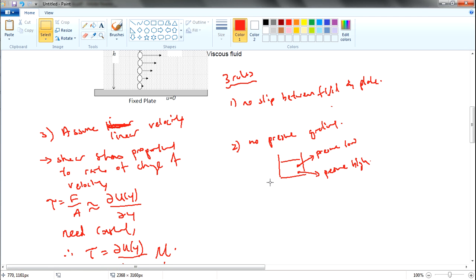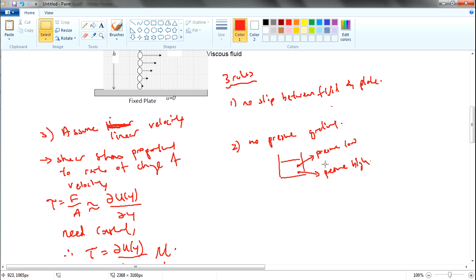Then the second assumption is no pressure gradient, meaning if you know that there is a water tank over here, the pressure here compared to the pressure here is kind of lower, right?